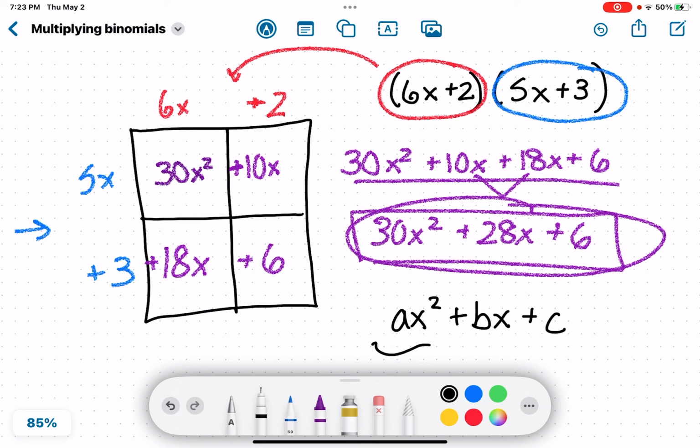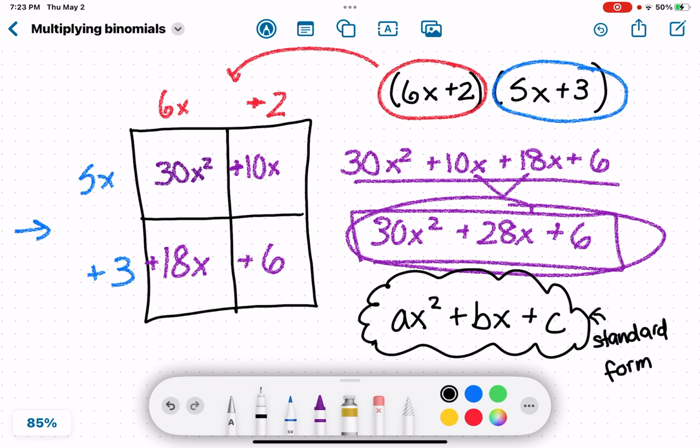Now, this right here is standard form. When you simplify, this is the most it can be simplified. Standard form. Now this means that you put it in a way where the highest power of x is in the front, and then the powers of x with each term go down by 1.